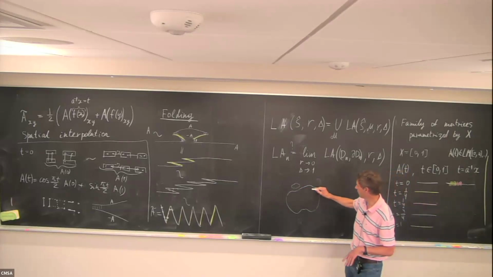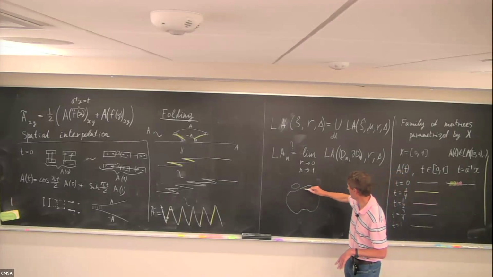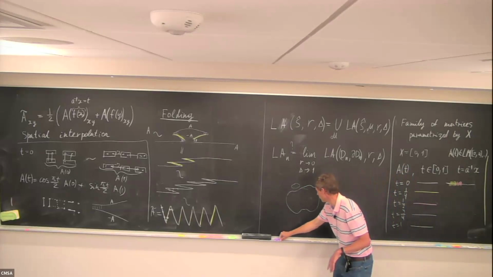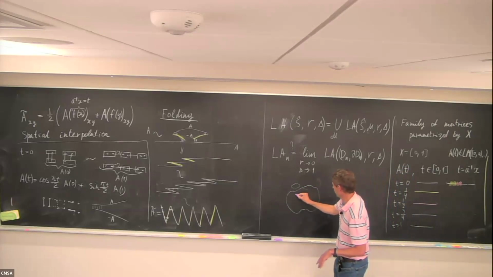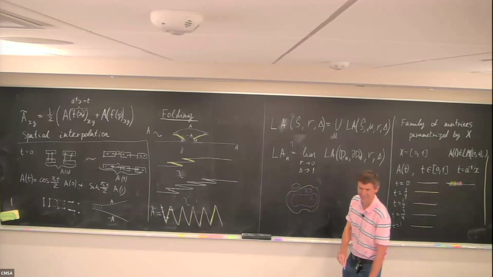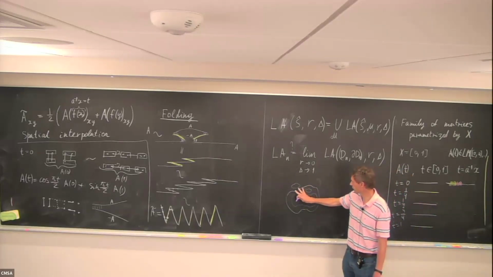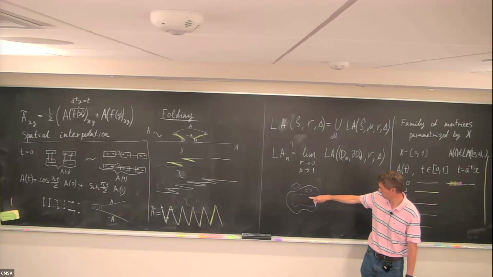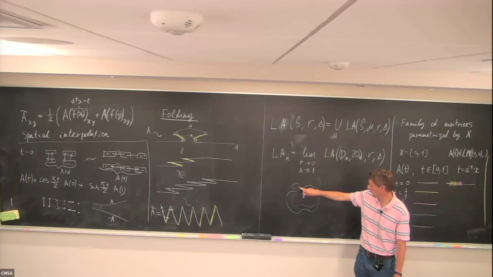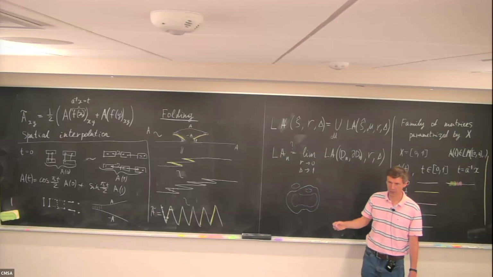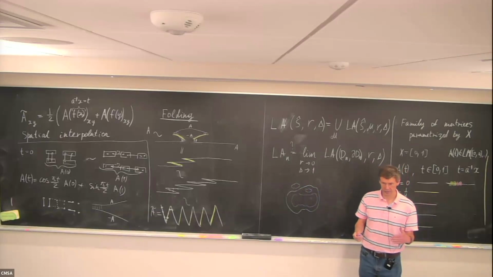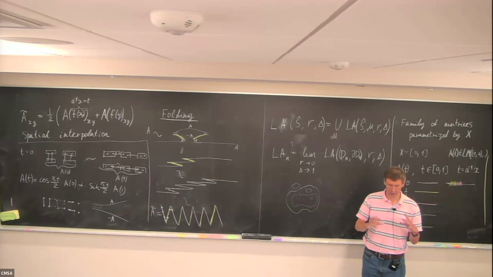But there might be another island that will occur. So the new shape can be this one. Each time there will be some spurious pieces, and we would like to get rid of them. We would like to consider kind of persistent topology of that shape.